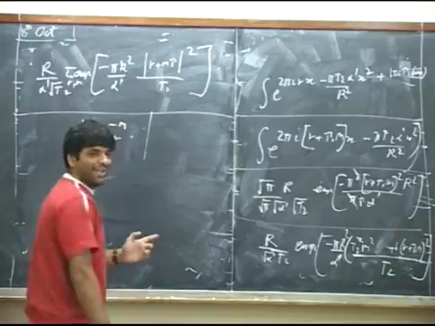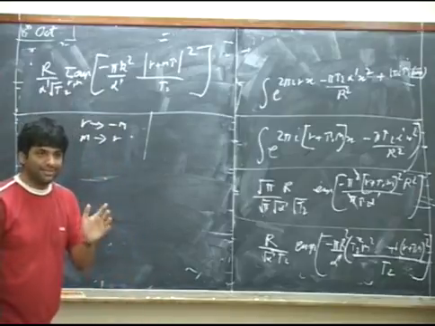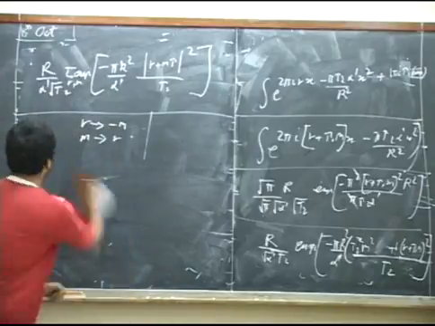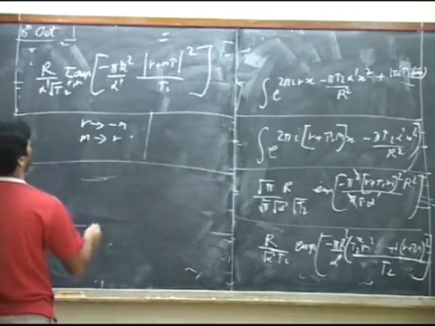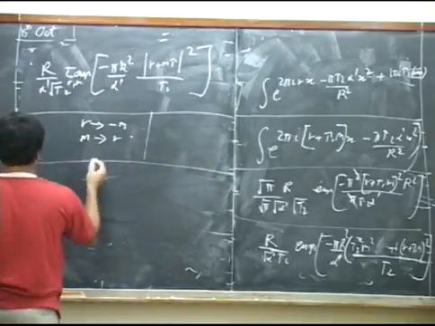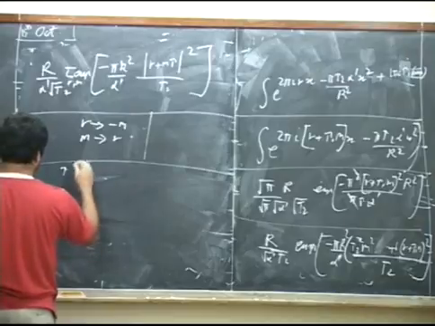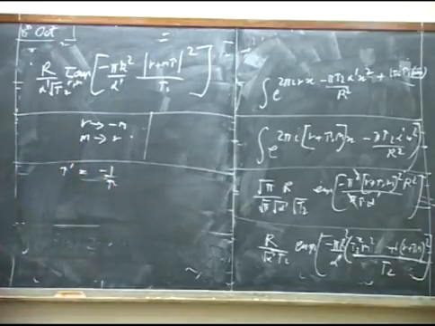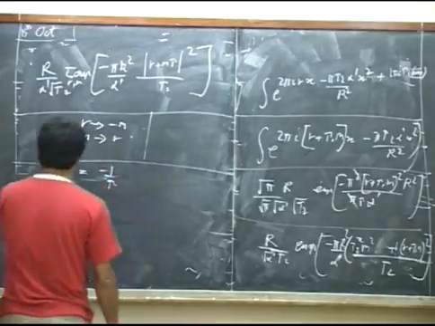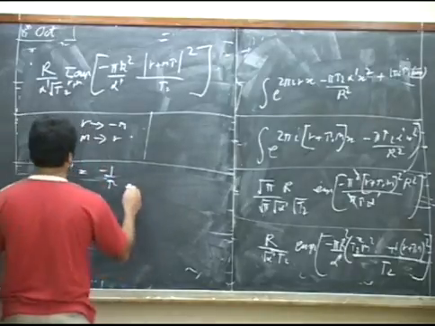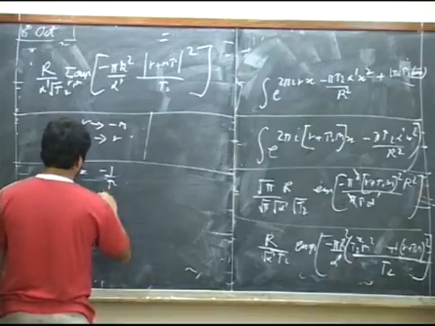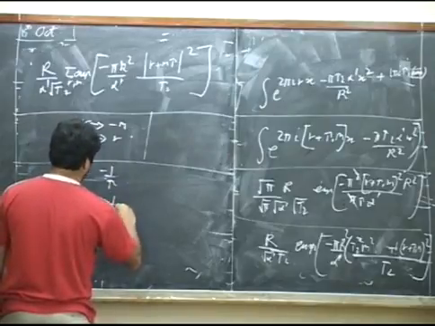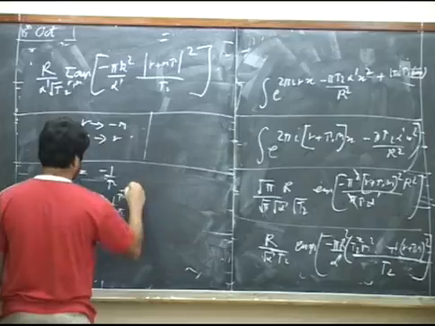We can check. Okay, so tau prime is equal to minus 1 by tau. So what's the imaginary part of this? This is equal to minus 1 by tau bar into tau bar.